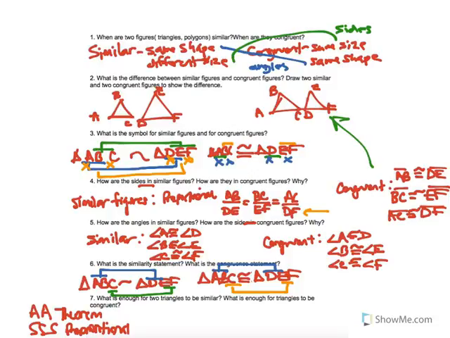If all three sides are proportional, then we know they're similar triangles. And remember, for congruent triangles, we had the four postulates, right? Side-angle-side, angle-side-angle. Okay? So these are for proving that triangles are congruent, and these are for proving that triangles are similar.